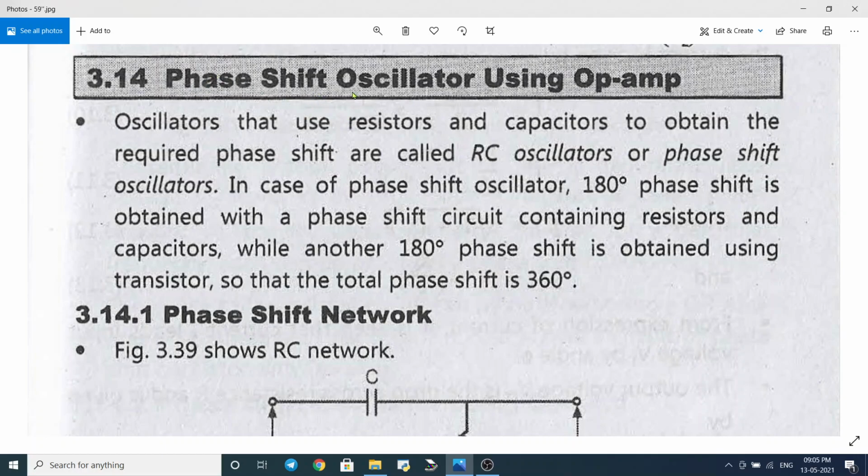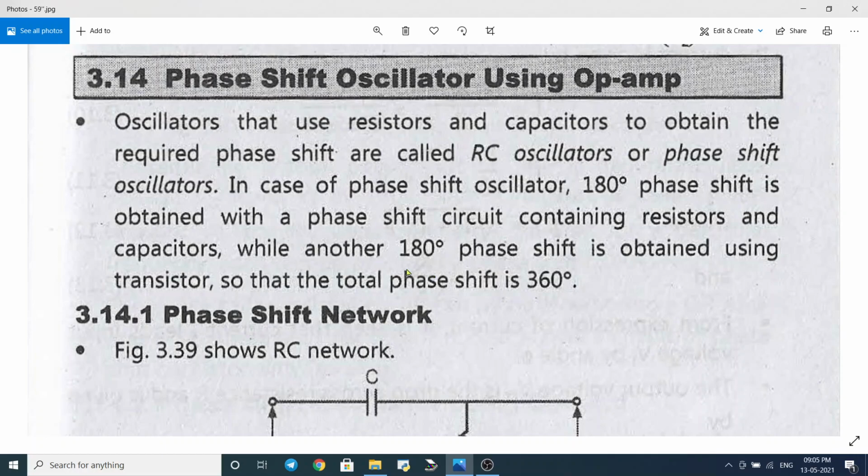This oscillator is called a phase shift oscillator because a 180-degree phase shift is obtained with a phase shift circuit or phase shift network, which is made up of a resistor and capacitor.